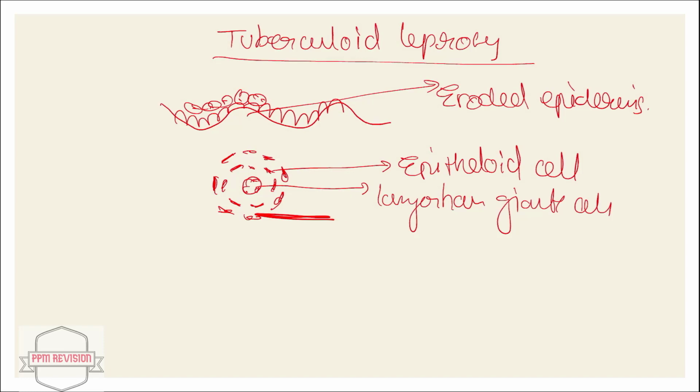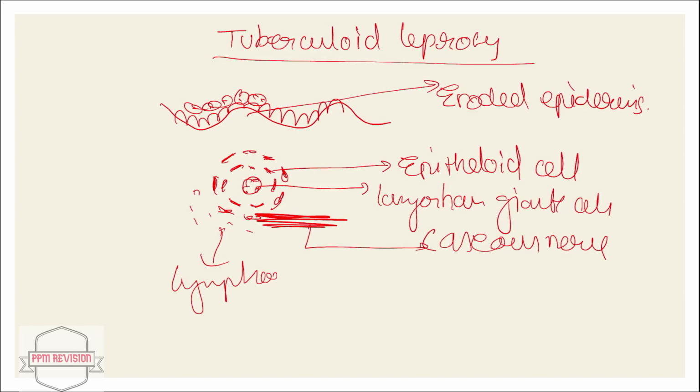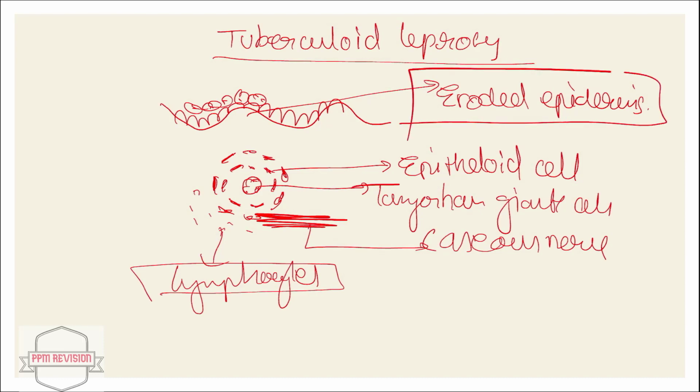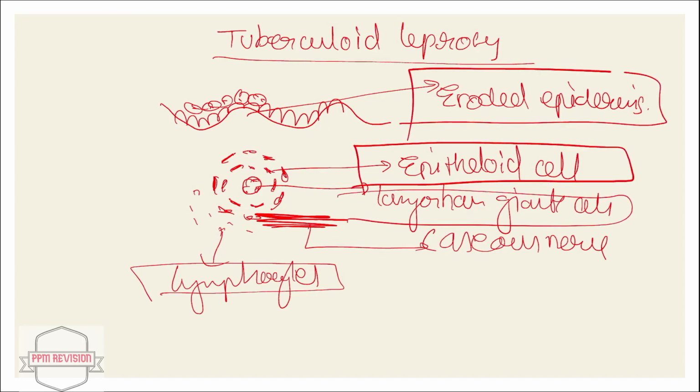And we can also add presence of the caseation, as well as the presence of the lymphocytes. Now just recapping what we have seen: the eroded epidermis, the epithelioid cells, giant cells, and the caseation as well as the lymphocytes.